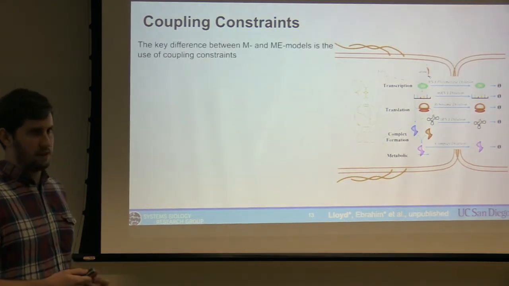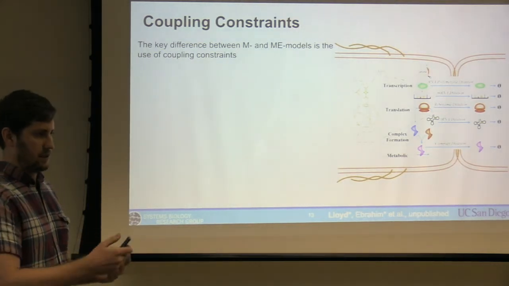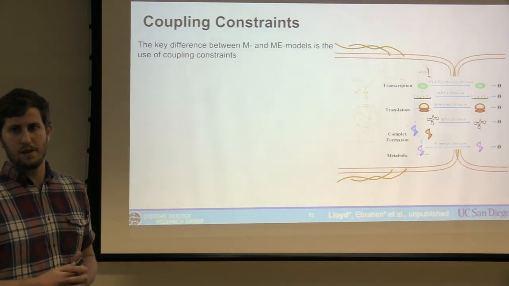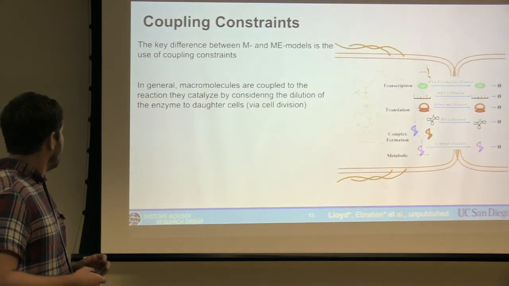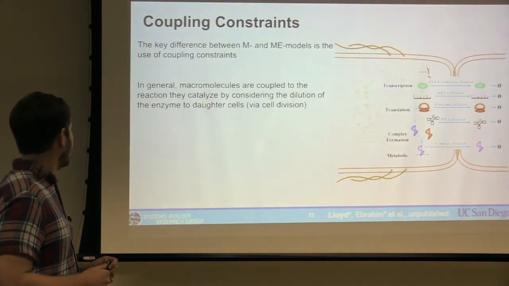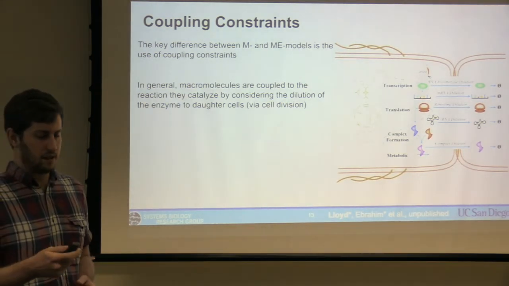So this really at its heart is the key difference between M models and ME models: the use of all these macromolecules, and the way we implement them as ways to couple different major cellular processes together. The way this is generally done is by considering the dilution of all of the different enzymes to the daughter cell.